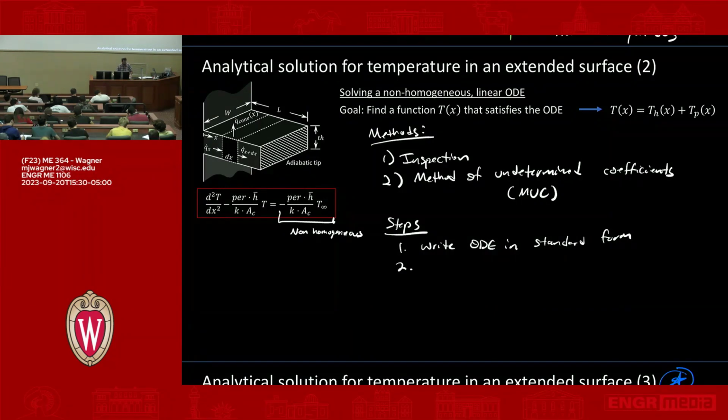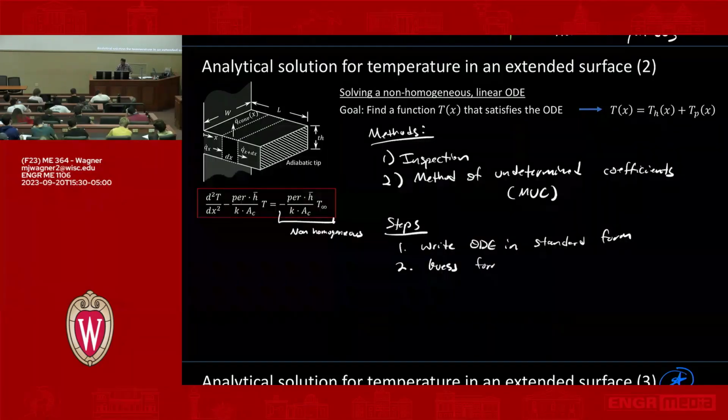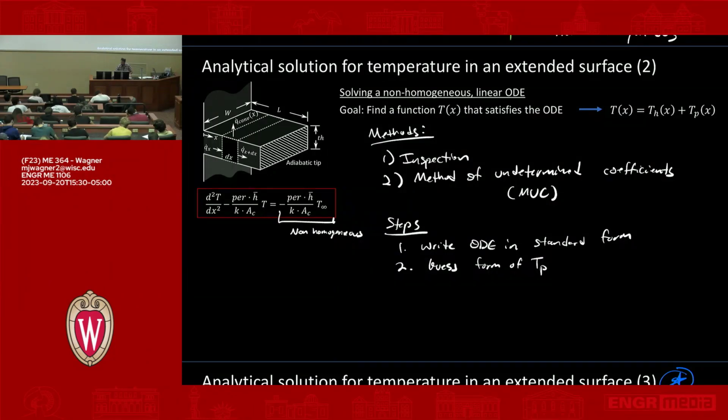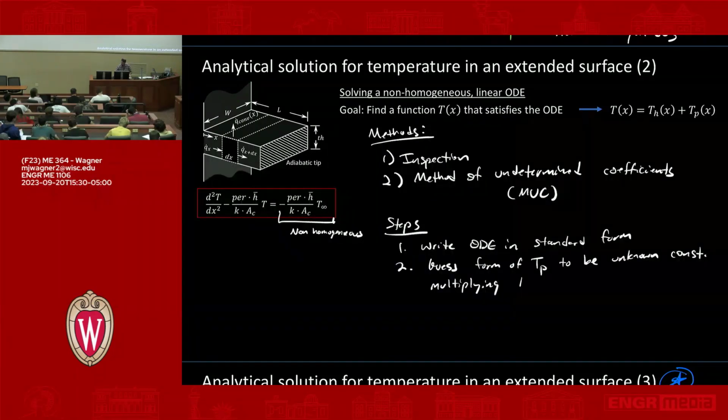Step 2 is guess the form of T_p to be unknown constants multiplying the form of the right-hand side and its derivatives.